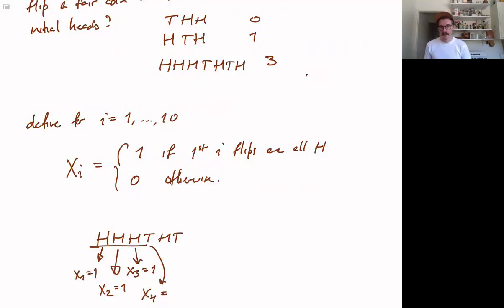Now this is not the case. The fourth flip is a tails, so we get a 0 for this one.